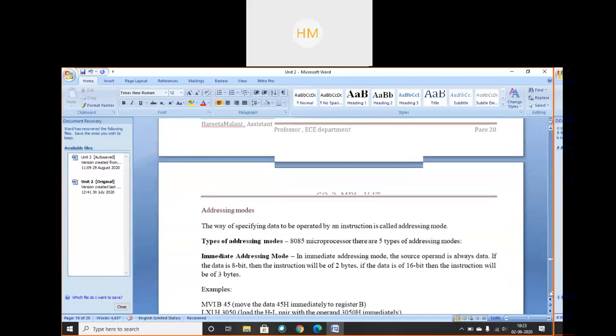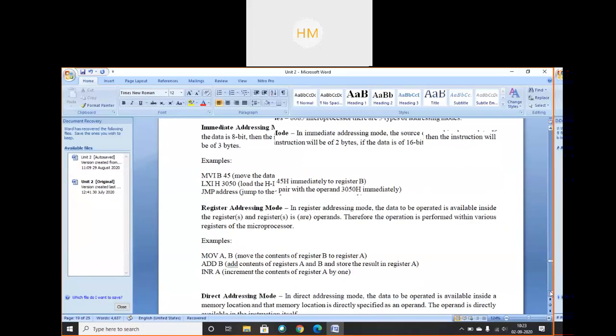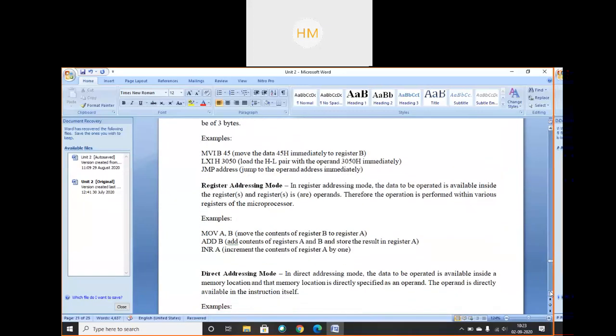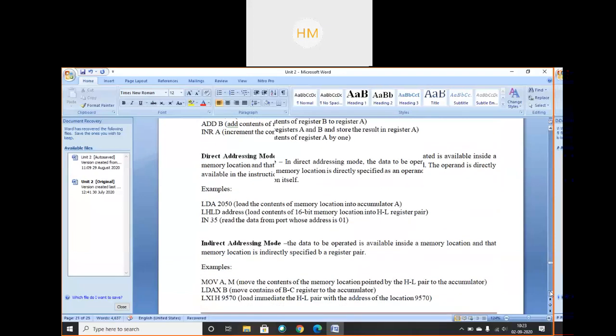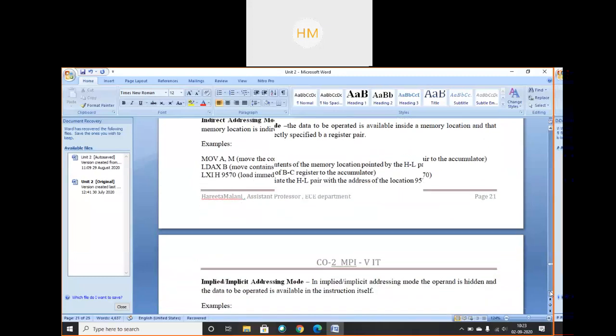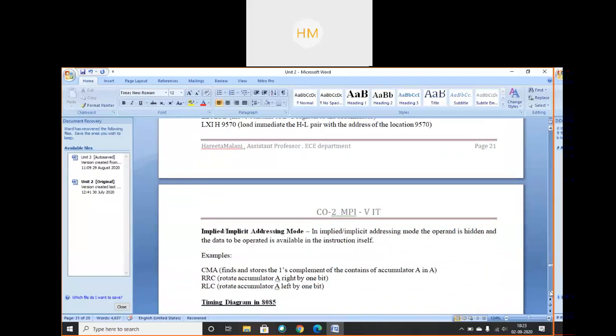So you want to ask anything regarding this addressing mode? Immediate addressing mode, register addressing mode, direct addressing mode, indirect addressing mode, and then last is your implicit addressing mode. Okay, so these are the examples: CMA, STC. In last classes we have studied all these instructions. So these are the examples of implicit addressing mode. Clear? Anything you want to ask? Any example?